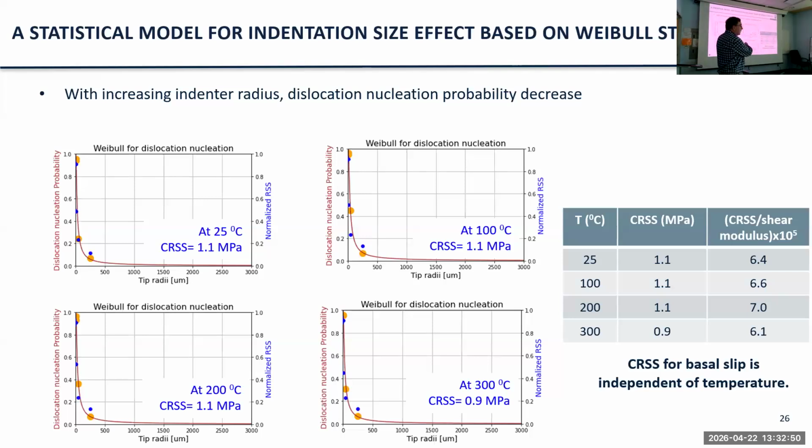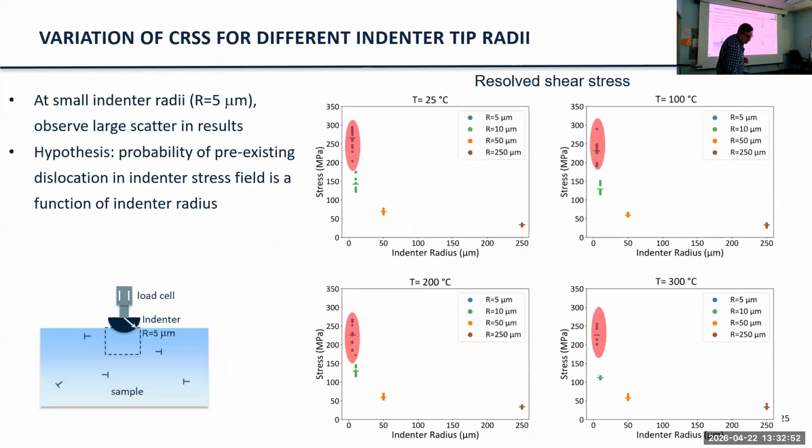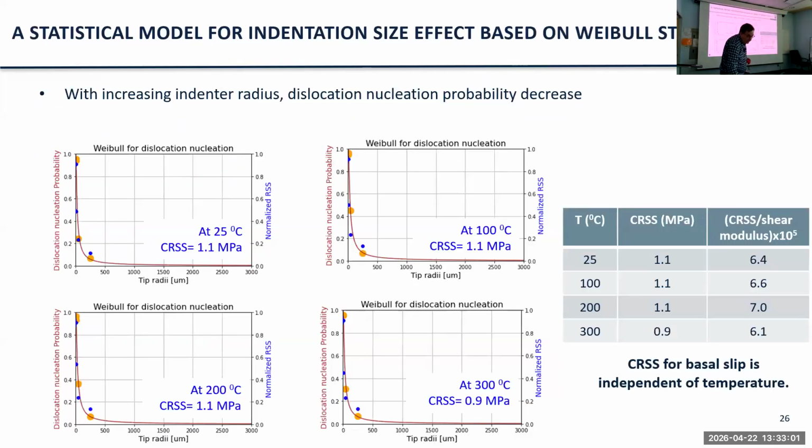Whereas if you look at some of these numbers here, they're like 250 megapascals. That's a long ways from 1, right? But once we take this size effect in, we get numbers that agree very well with the literature. And it's essentially temperature independent because basal slip is so easy, thermal activation of basal slip is not a consideration.